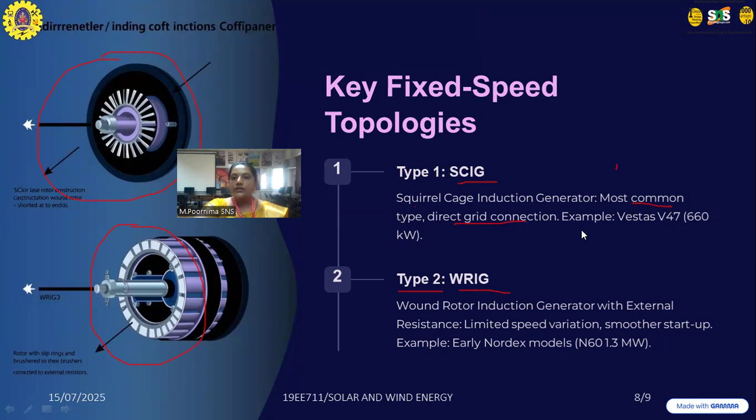The wound rotor induction generator comes with an external resistance, limited speed variation, and smooth startup. This is the squirrel cage induction generator mode.